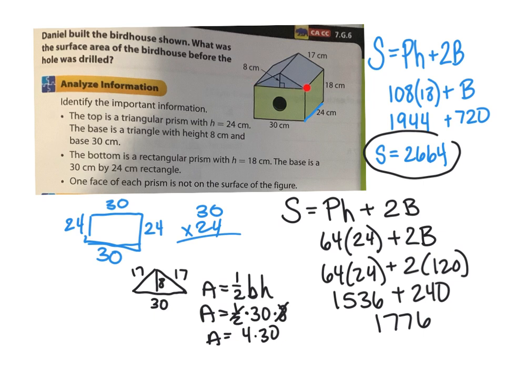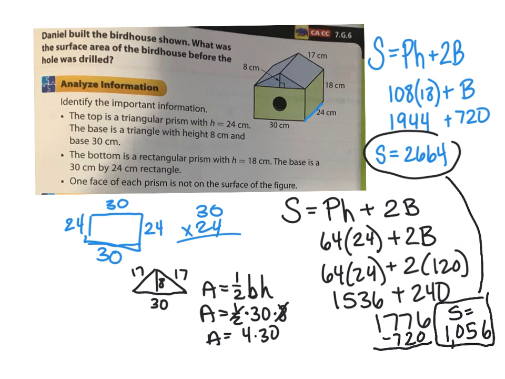Well, it's the same measurement as this 30 by 24 that we did before for the base of this guy. It's 720. So I'm going to go ahead and cut that out of there by subtracting it away. And I will get 1,056. So the surface area of the triangular prism is 1,056.